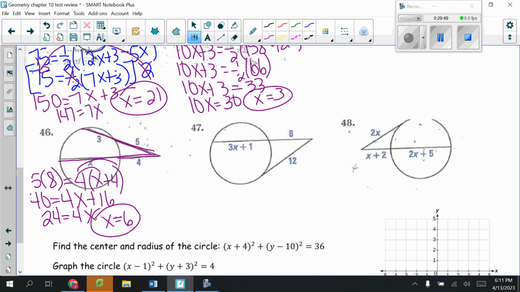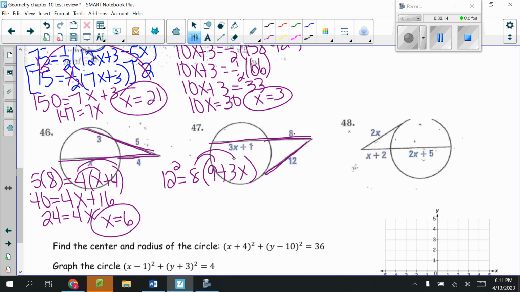On this one, I have a secant and a tangent. I take the tangent and I square it, so 12 squared equals the outside part, 8, times the whole thing. So 8 plus 1 is 9 plus 3x. I want to distribute that 8, right?